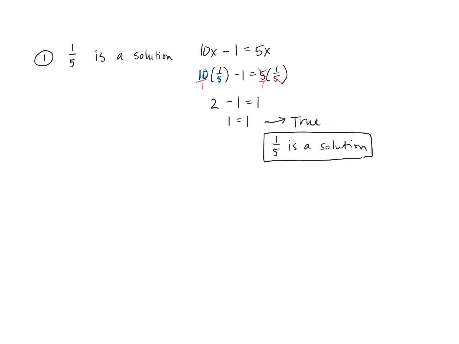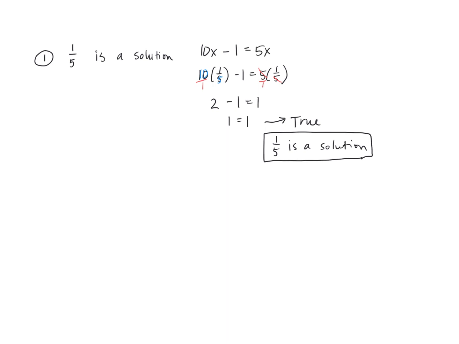If you would have gotten a false statement, so instead of 1 equals 1, if you had gotten something like 1 equals 5, that would be false, and you would say 1/5 is not a solution. So that's not what we got, but if you had gotten a false statement, you would say it's not a solution. Since it's a true statement, you say that it is a solution.